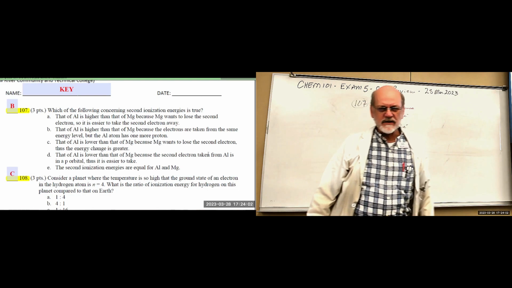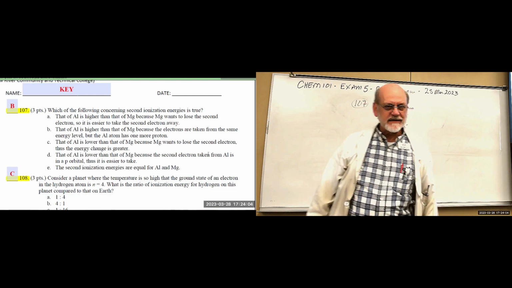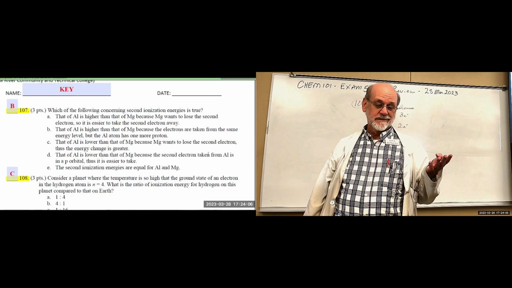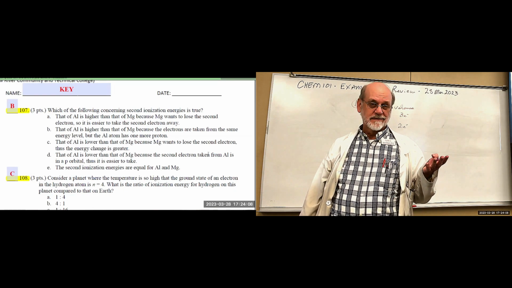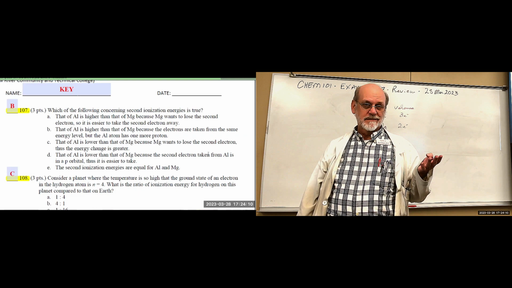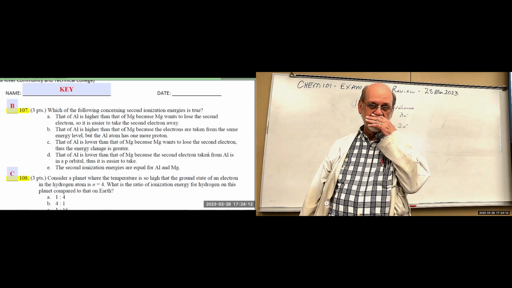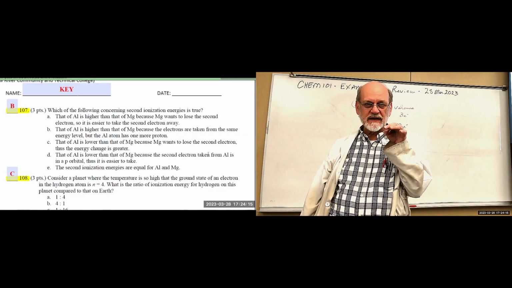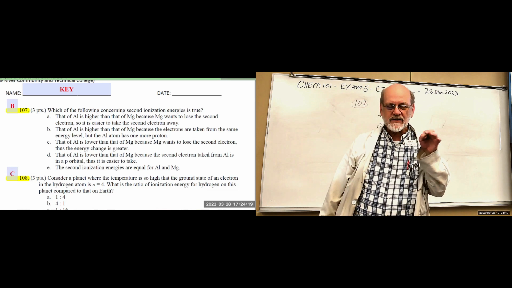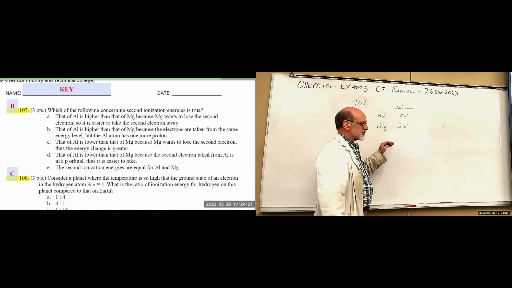So the second ionization energy of aluminum is higher than that of magnesium because magnesium wants to lose the second electron. Well, actually, let's use the trend.